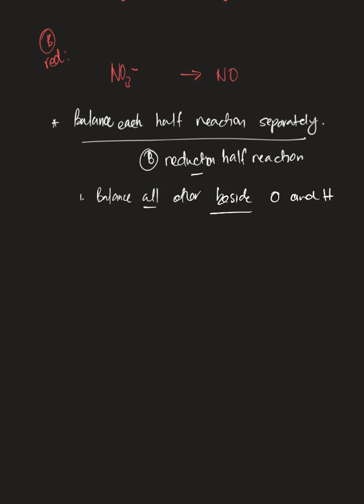I've got NO3 minus, and over here I've got NO. So the atoms I have are just nitrogen and oxygen on both sides. I need to sort those numbers out. I've got 1 and 3 here, and on this side I've got 1 and 1.